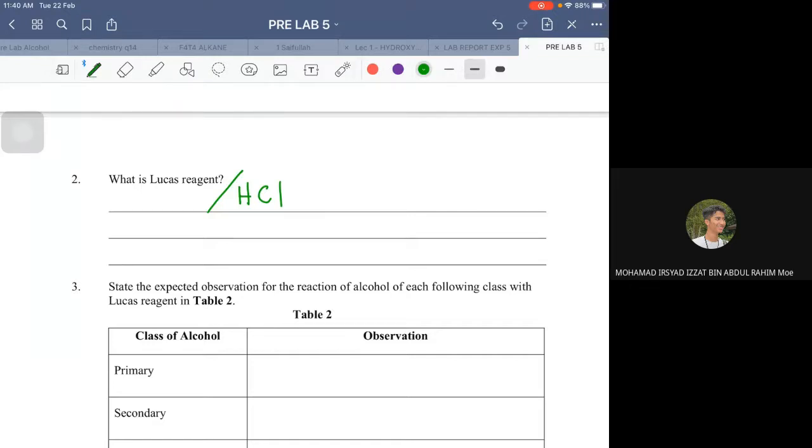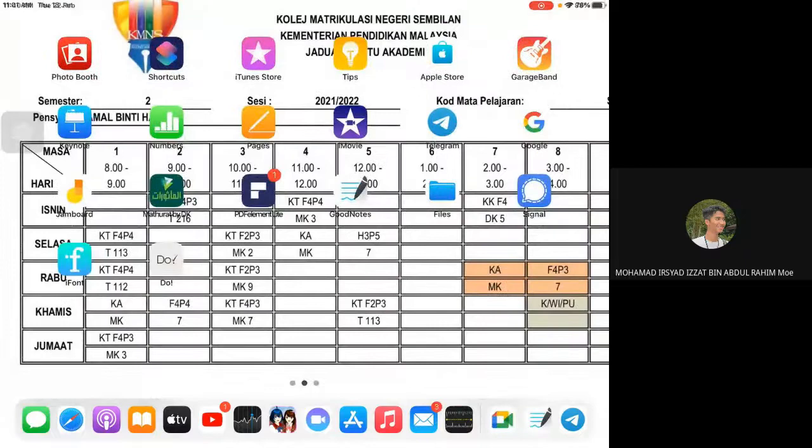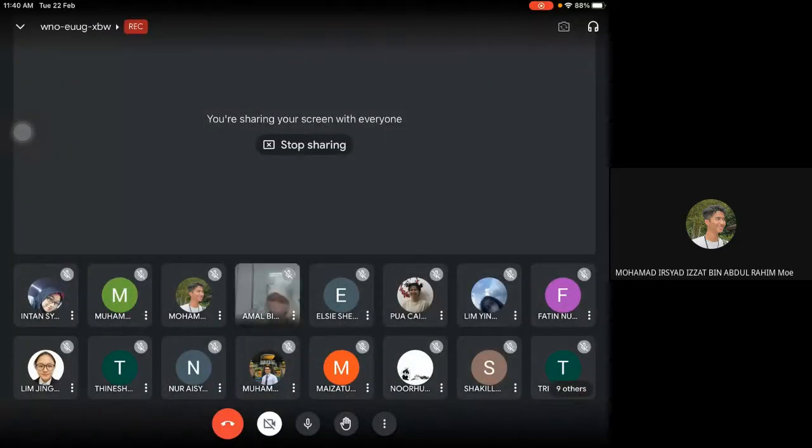Sekejap, I stop sharing ni, cari nota kuliah sekejap. Chemical properties. Jumpa tak? Stop sharing sekejap.